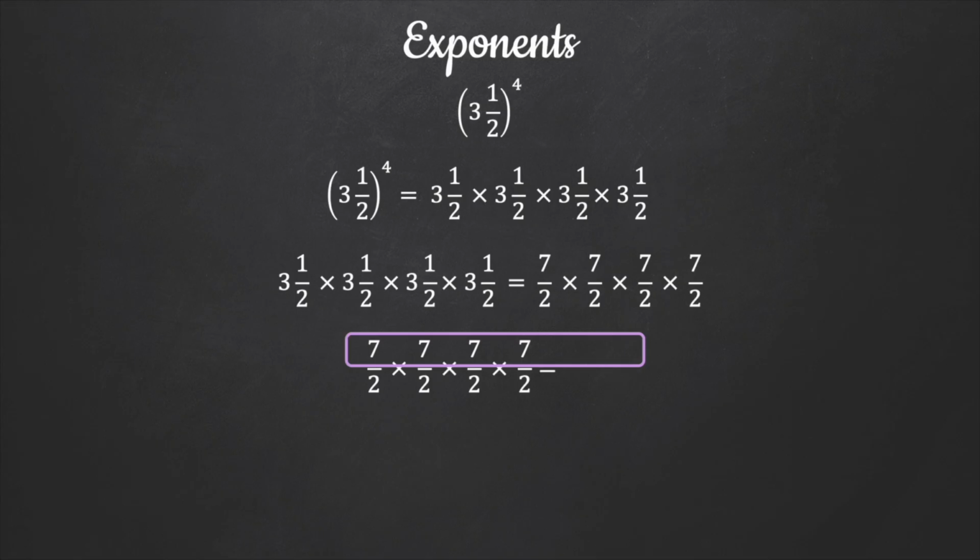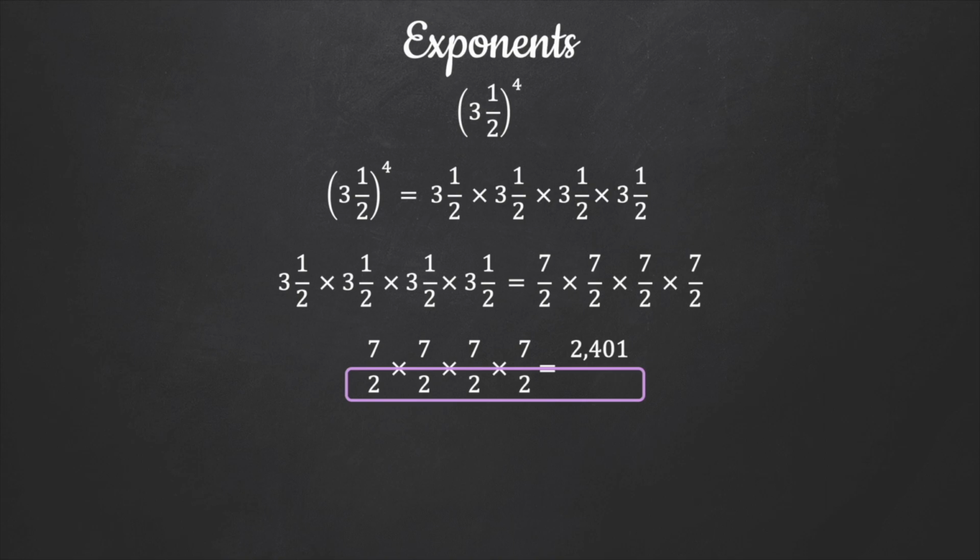So 7 times 7 times 7 times 7 is equal to 2,401. And then let's go ahead and multiply our denominators. So 2 times 2 times 2 times 2 is equal to 16. So our answer is 2,401 over 16.